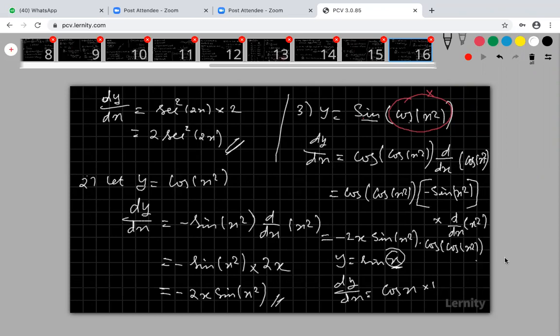Please try to understand: minus 2x. This is 2x. Here minus is there, minus 2x, sine of x square, cos of cos x square.